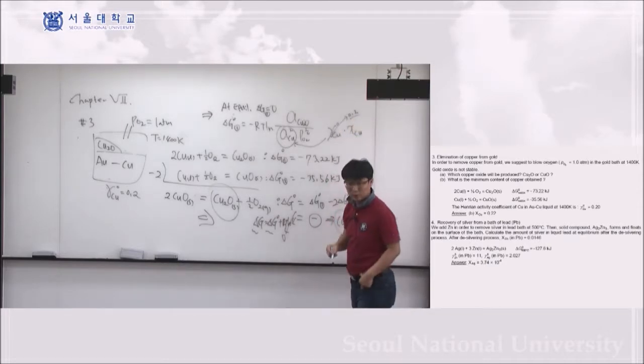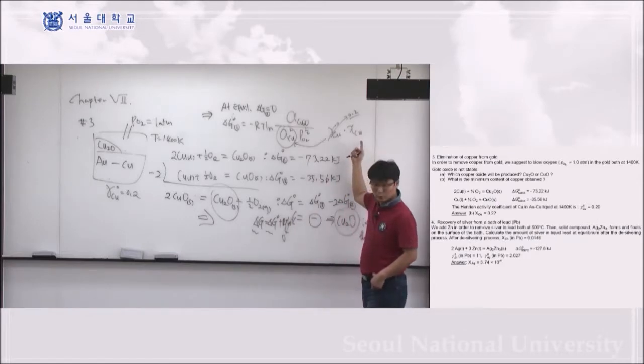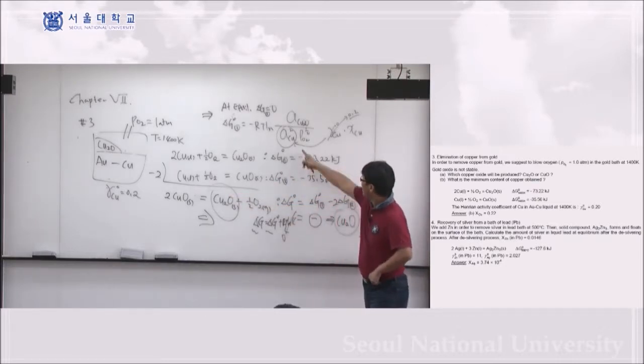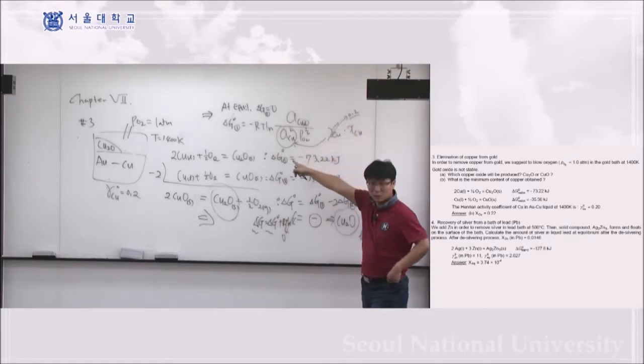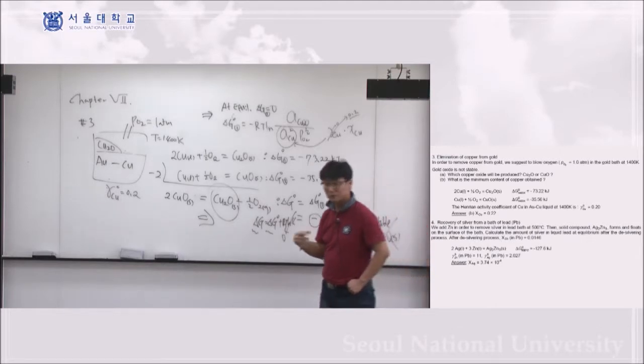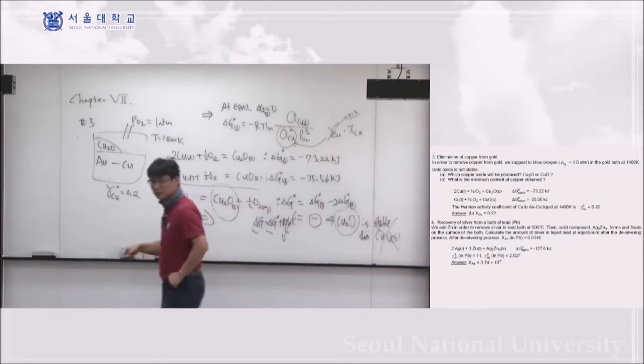It's very small. It means you have a very high mole fraction in the end. Compared to the silver case, silver was 3.54, and copper in the gold is 0.2, about 10 times smaller than the case for the silver.